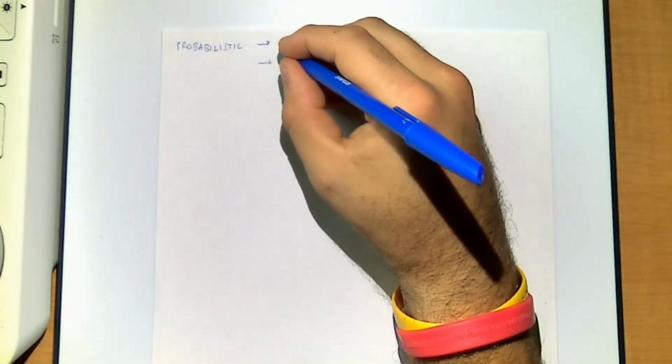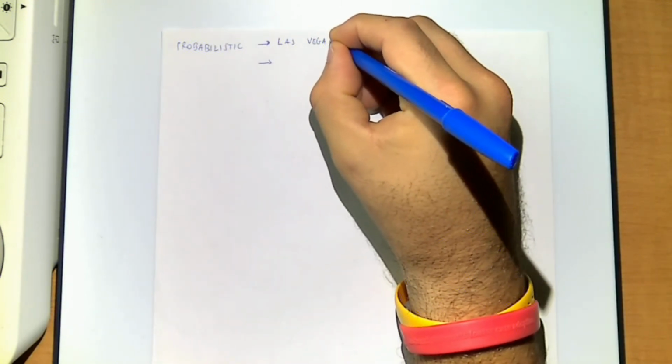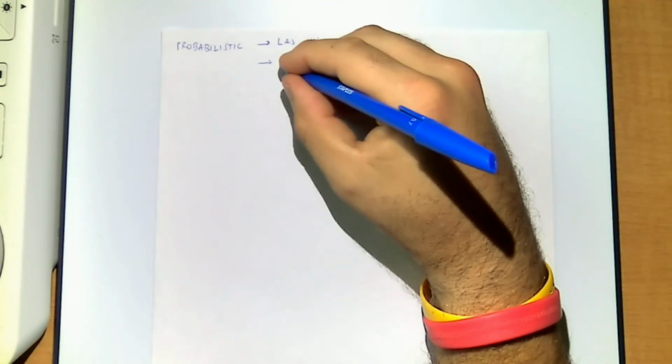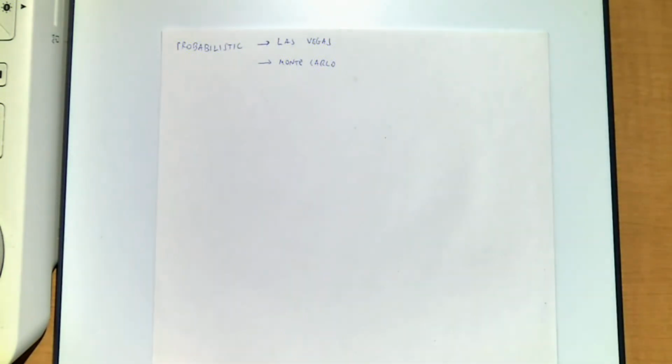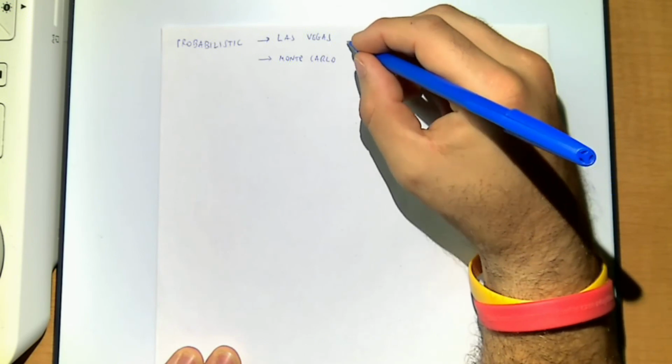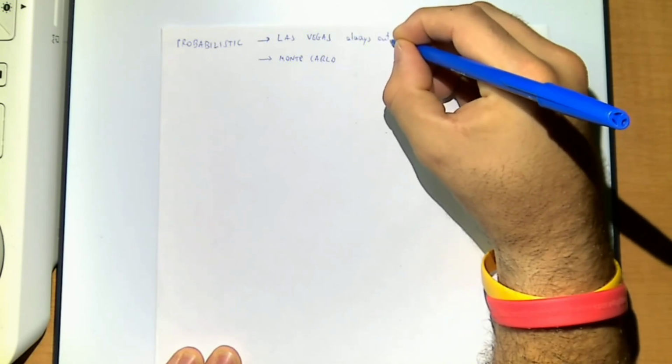So the first type is what we call Las Vegas type algorithms, and the other one we call Monte Carlo types. Okay, and so the two are exactly opposite. In particular, the Las Vegas algorithm always outputs the correct answer.